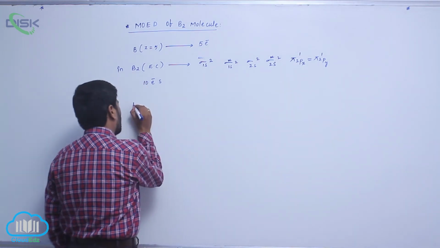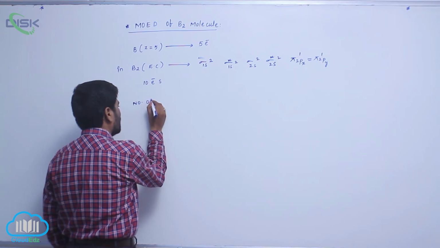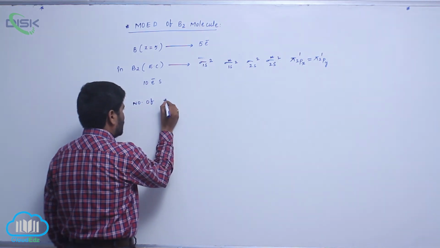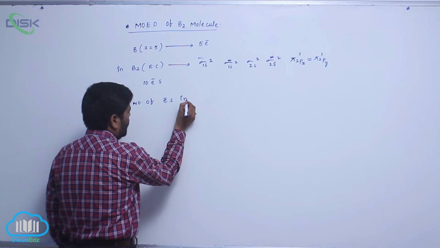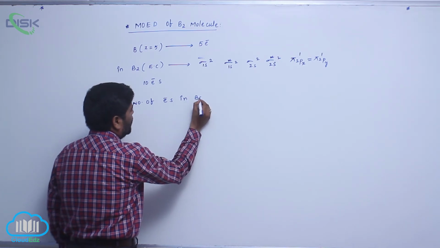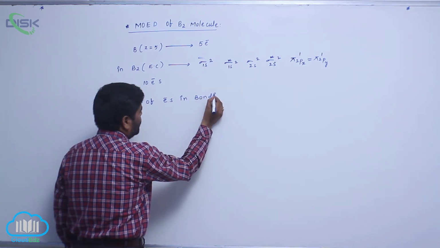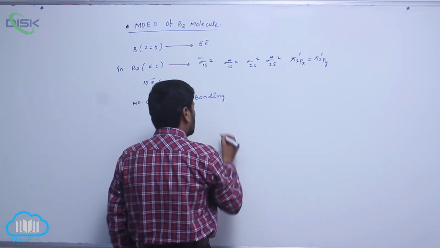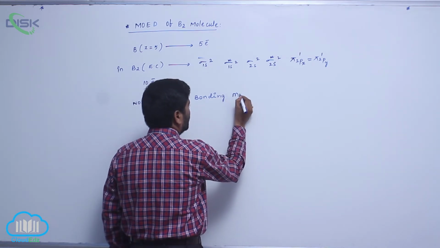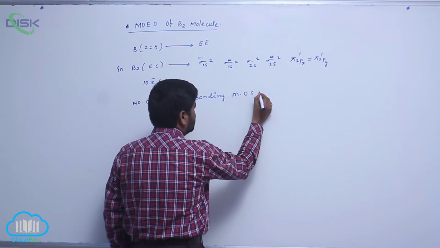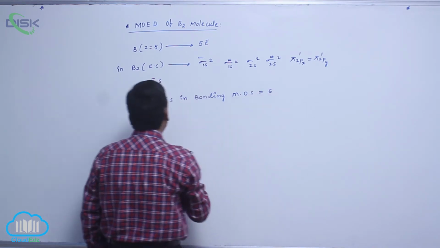Number of electrons in bonding molecular orbitals equals to 6.